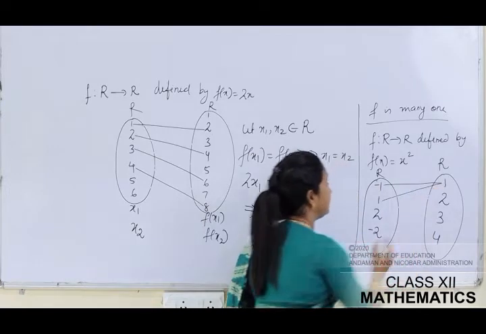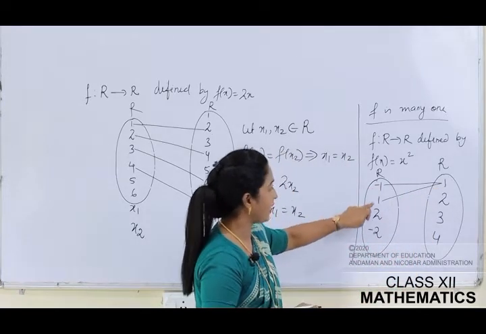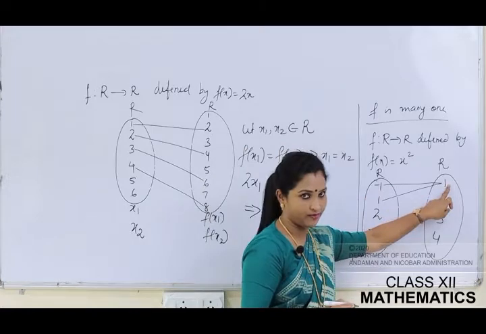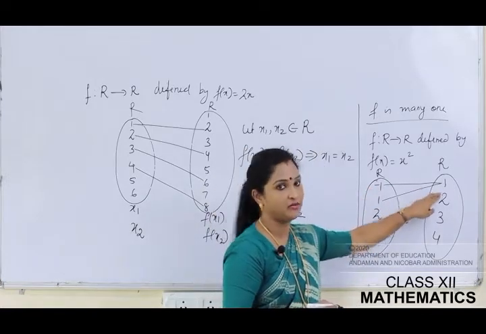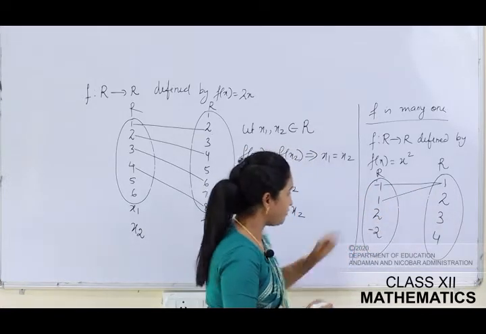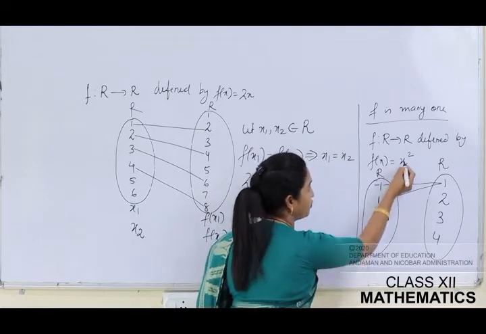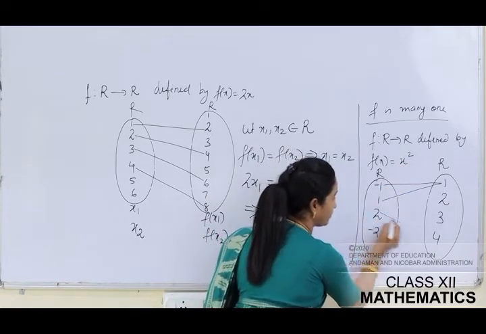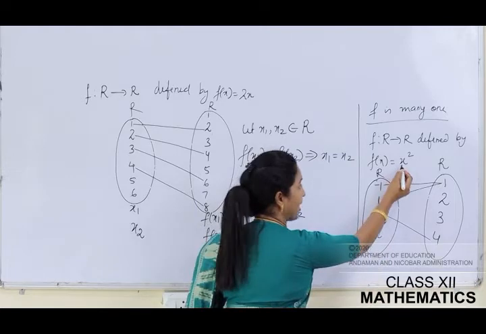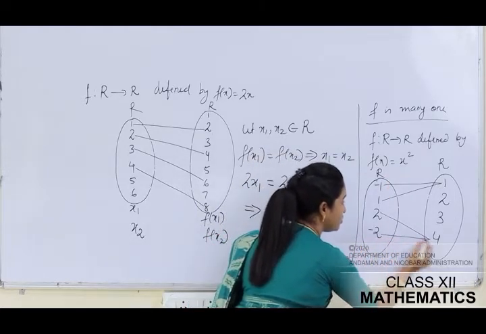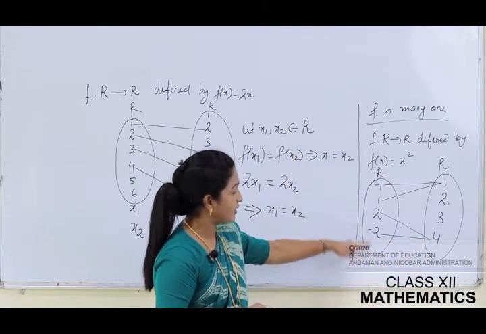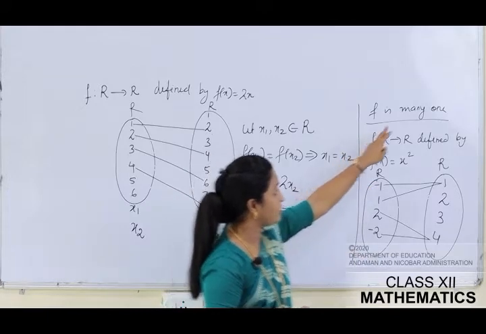That means the image of -1 and 1 is 1. दो एलिमेंट का एक इमेज आपको मिला यहाँ पे. ठीक है, same way 2, the image of 2, when you put 2 here, 2 square means 4. When you put -2, again 4. So you observe that here 2 elements, that is why the name is many one.